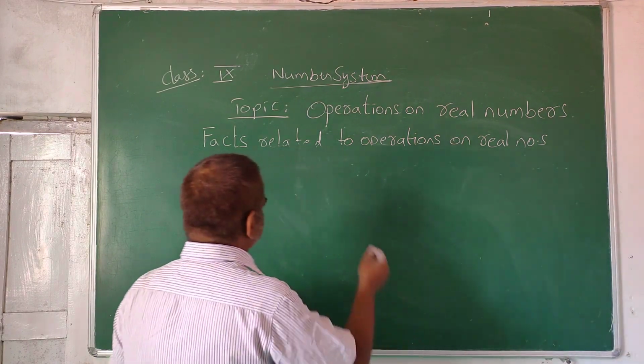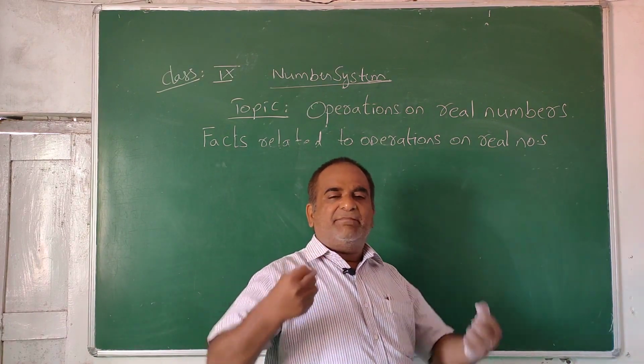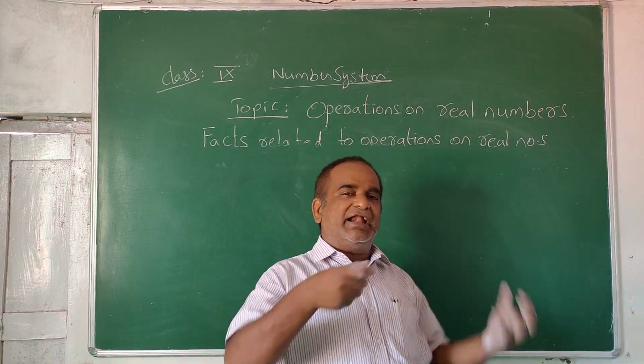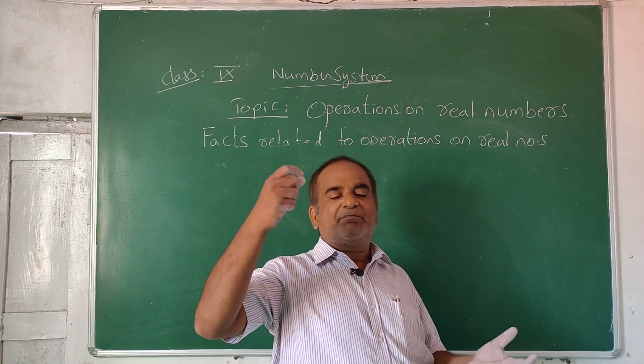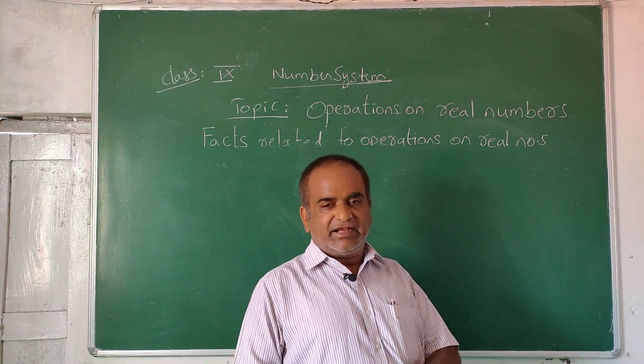Next, now if you take the product between a rational and irrational, or the quotient between a rational and irrational, what happens? Let us see.